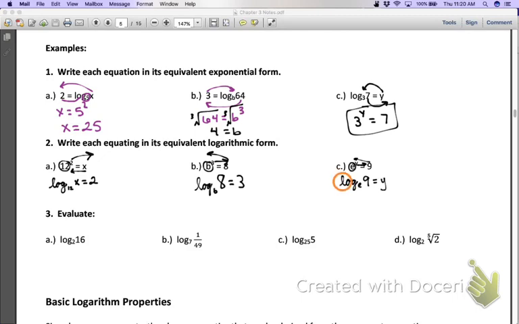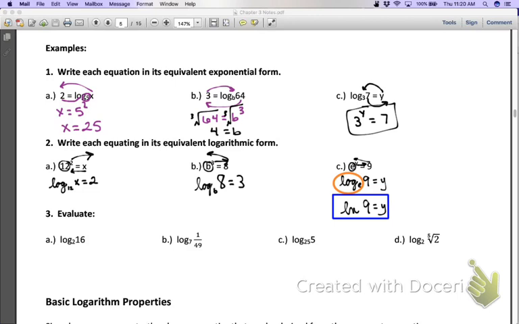If you ever have log base e, that is the natural, remember e is the natural number, so you're going to have the natural log of 9 equal to y. Anytime you have log base e, it's just going to turn into the natural log. When we get into it later, finding inverses, things like that, we can basically take the natural log and turn it into log base e.